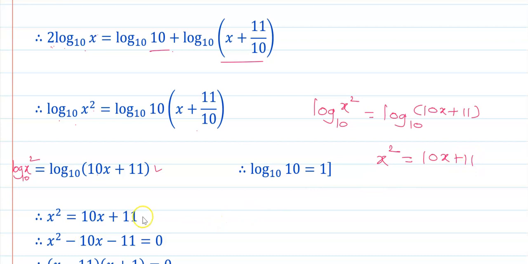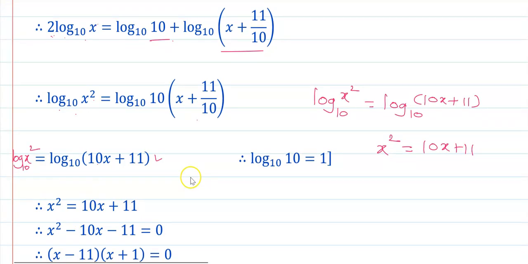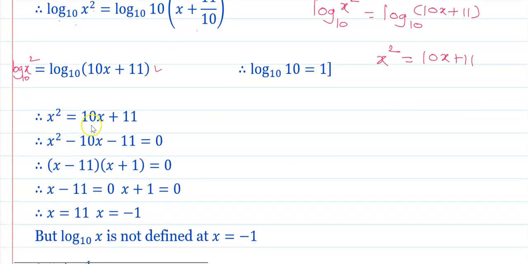And next is normal simplification. x square is equal to 10x plus 11. Bringing 10x plus 11 to the left hand side, you will get x square minus 10x minus 11, and the product of the two should be minus 11x square. The sum should be minus 10x. The factors are minus 11 and plus 1.